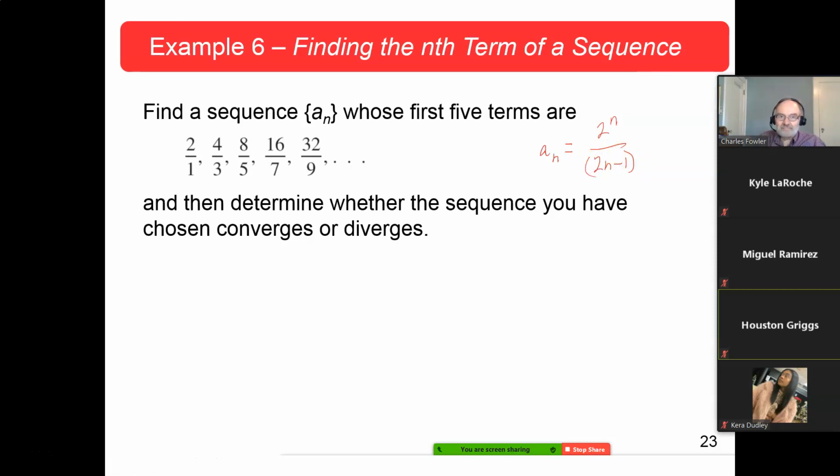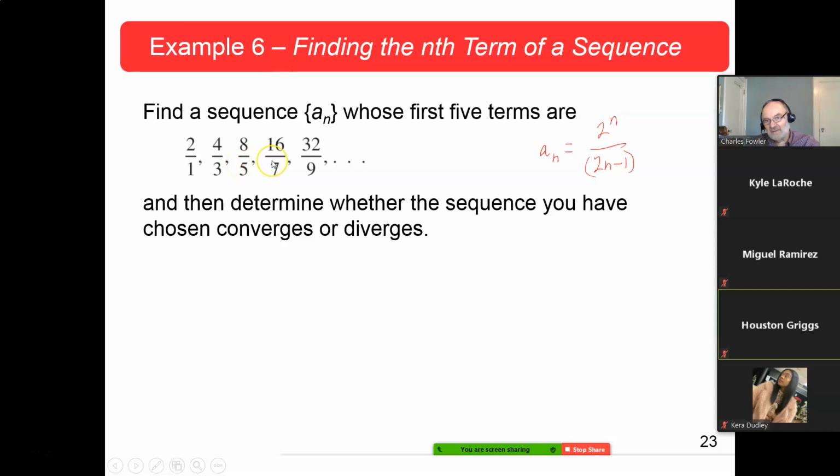Now, what we're asked to do is determine whether the sequence that we've chosen here converges or diverges. Looking at this, this is 2 here. This is 1 1/3. That is 1 3/5, so that's gotten a little bigger than 1 1/3.